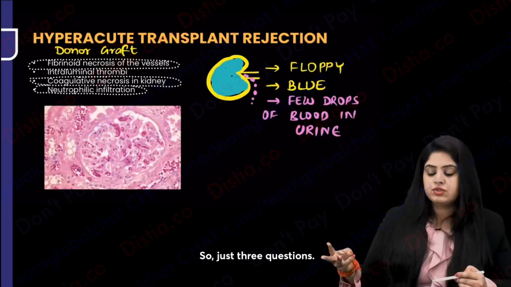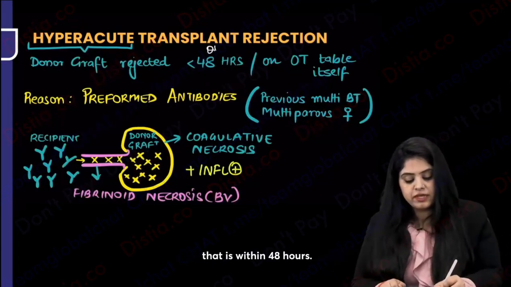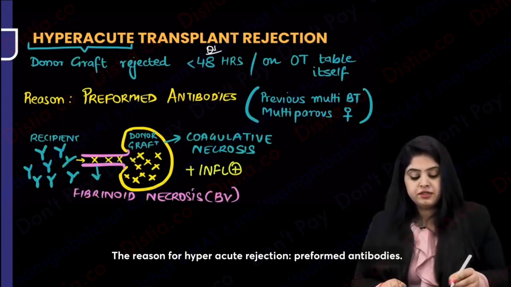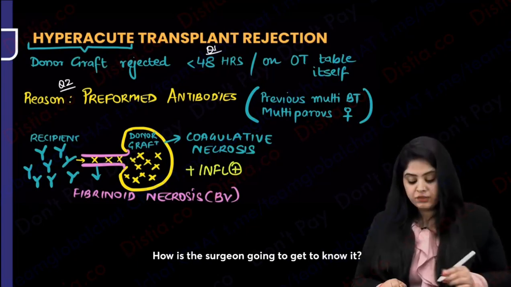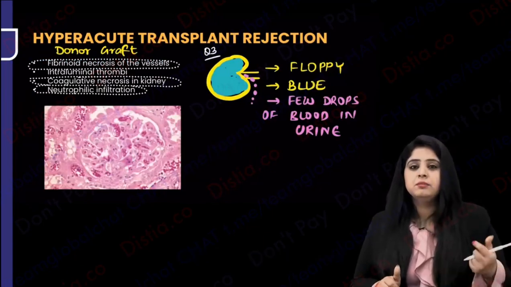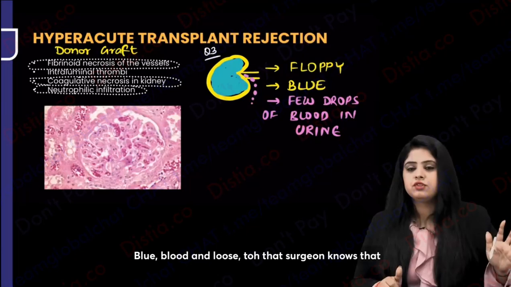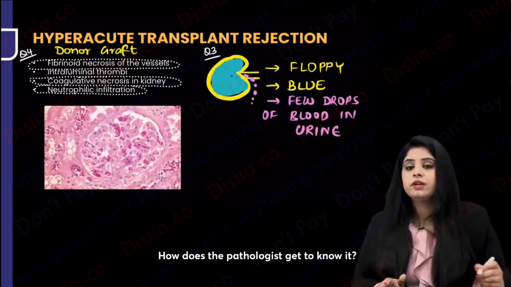So just 3 questions. Question number 1, hyperacute rejection ka cutoff, that is within 48 hours. The reason for hyperacute rejection, preformed antibodies. How is the surgeon going to get to know it? If it is blue, loose and blood, so that surgeon knows that now the kidney has not been accepted. How does the pathologist get to know it?